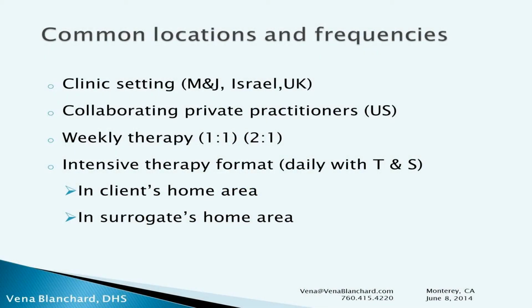Just to be clear about some of the structure and ways that surrogate partner therapy happens. It has happened all around the world: Australia, Israel, the UK, the US, Canada. It can happen in typically two settings: either a clinic setting where the therapist and surrogate are seeing the client on premises, or where they are collaborative private practitioners and the client is seeing the therapist in the therapist's office and seeing the surrogate in the surrogate's office or home.